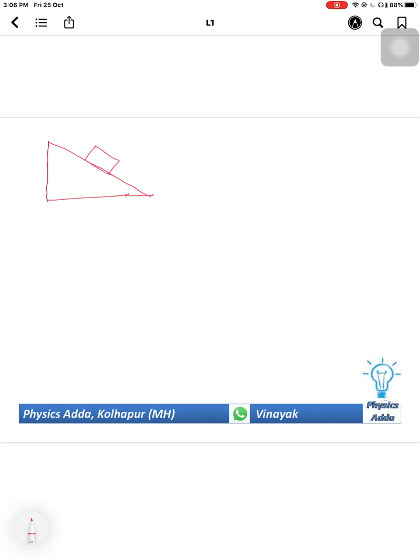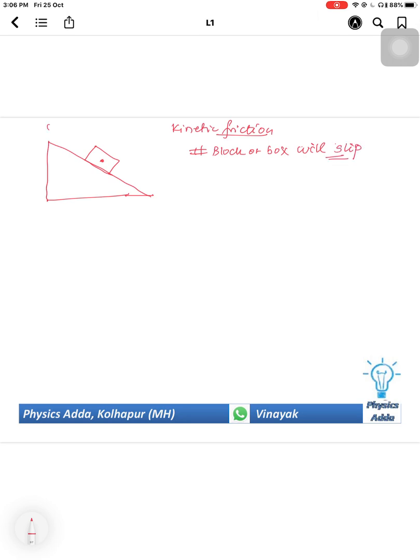What are the forces acting on the block? Now, in case of kinetic friction, the block or box will slip.